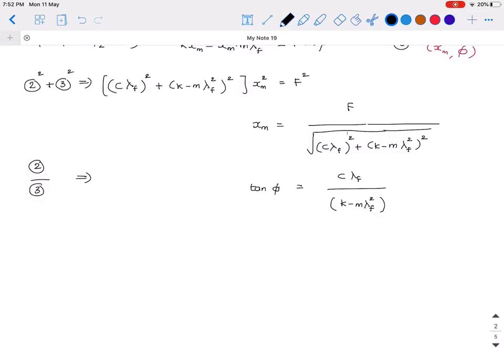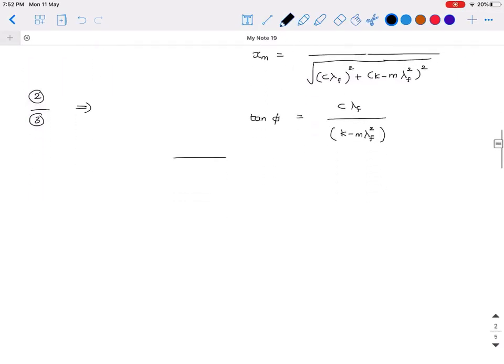Okay, so what we are going to do is to rewrite these quantities in a different way. So we are going to introduce a few quantities. We know that the natural frequency of the system lambda n is square root of k by m.